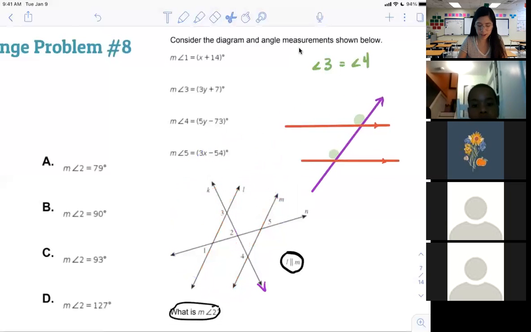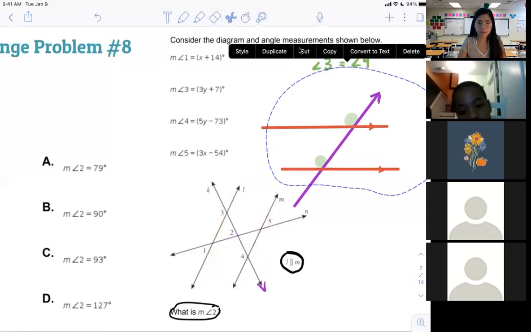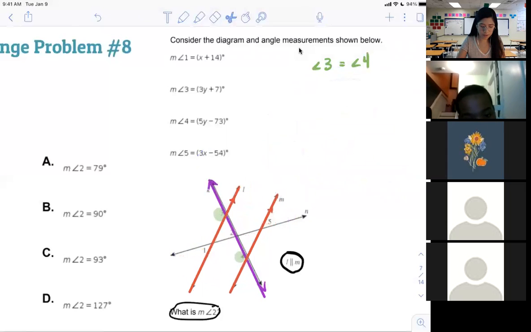I'm just taking that out. You see that? Yeah, it looks better now. So now we can see that those are corresponding angles. It's just flipped, so it's hard to see in this orientation. So angle 3 is congruent to angle 4.